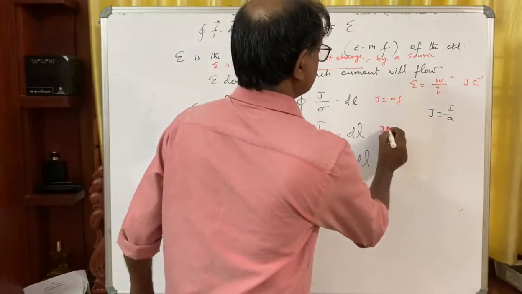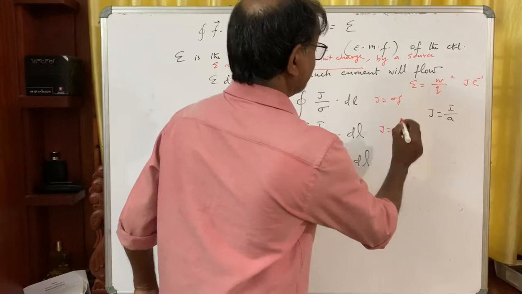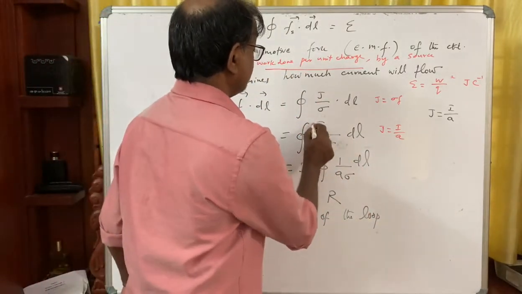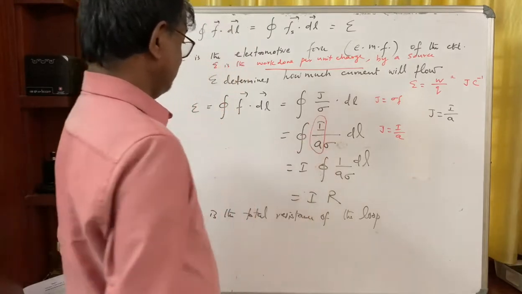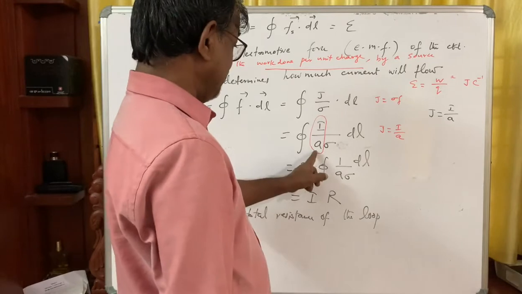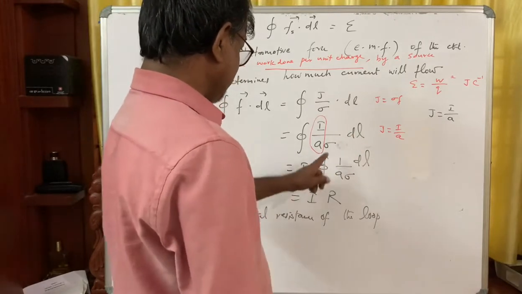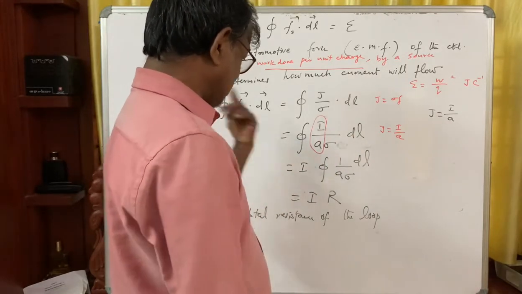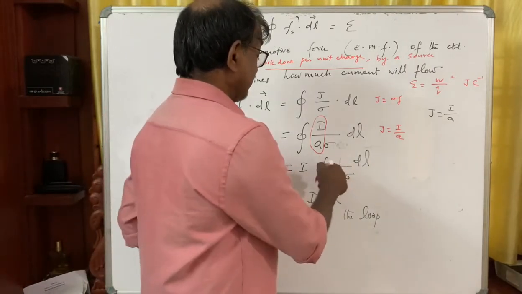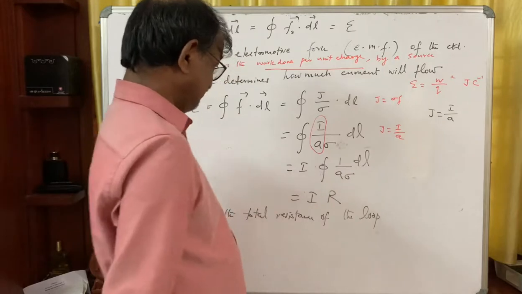J is equal to I by A, current by area. So instead of J, we write I by A. So we get the closed line integral of I by A sigma dl. You bring this constant current outside the integral sign. So, E is equal to I times the line integral of 1 by A sigma dl.